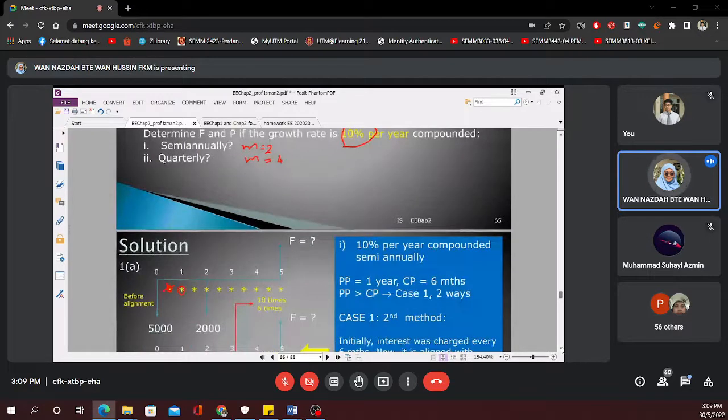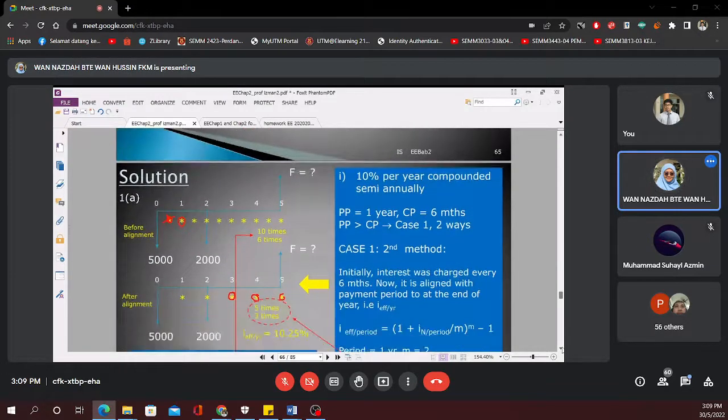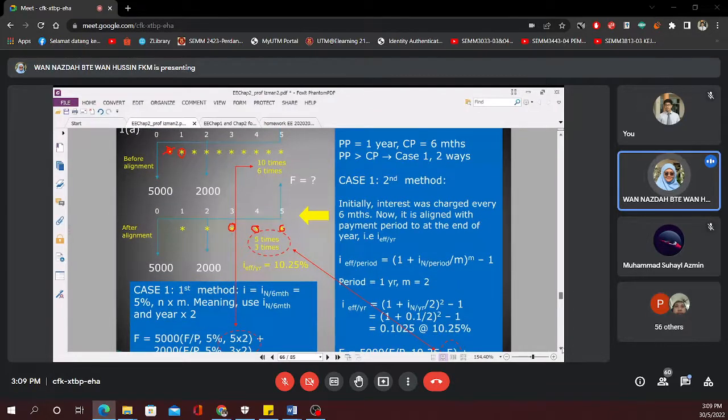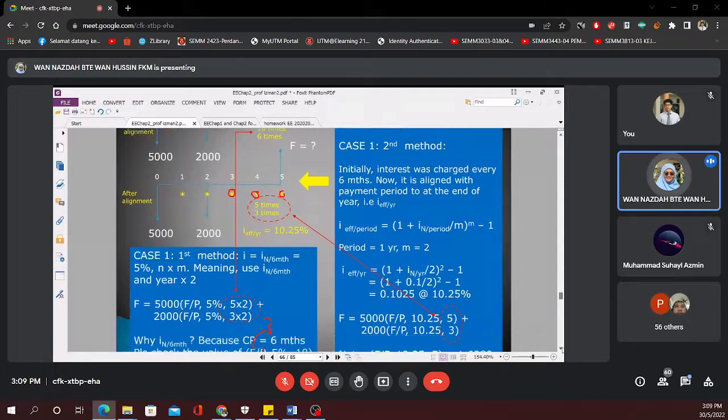So this is the solution. Okay, we use the second method, which is to find the I effective first.